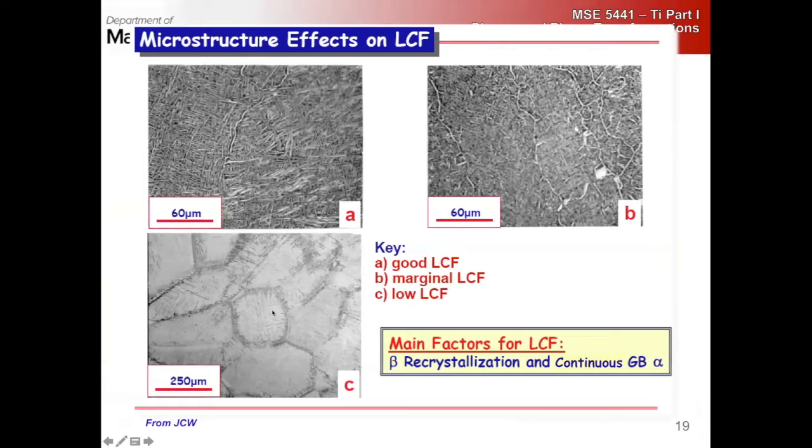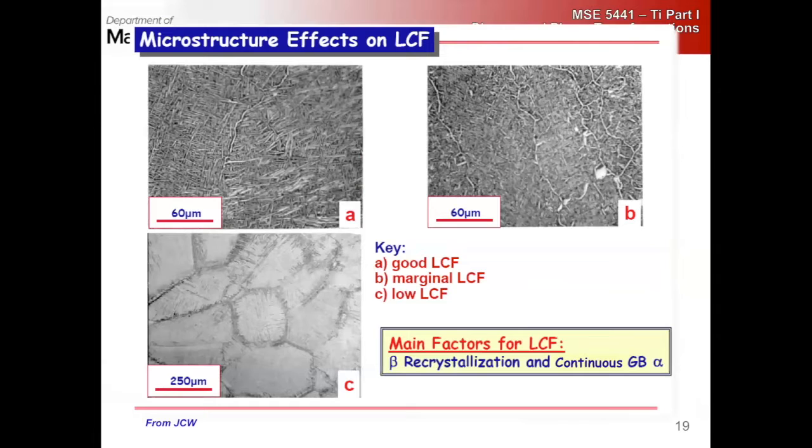So, very good fatigue life, marginal, and then very poor fatigue life, right? And I'm not giving any details on how these were processed, but this is the same alloy, probably 517 would be my guess, but I don't know for certain.